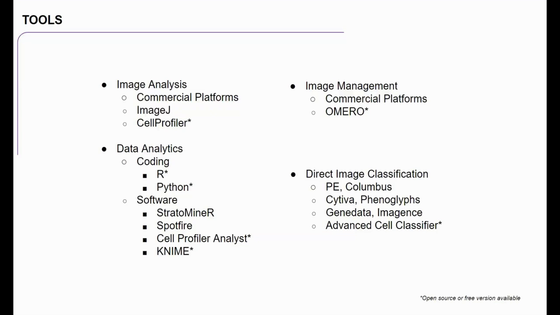There are also some deep learning tools out there, which we think will be very useful for some of this work. At the moment, I think PerkinElmer have something for that, and also Genedata have a tool called Imagence, which is a deep learning classifier. There are also some other open source tools, like Advanced Cell Classifier, which is a free tool that is also available.